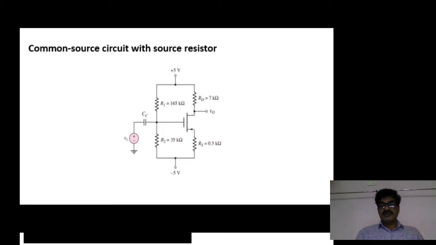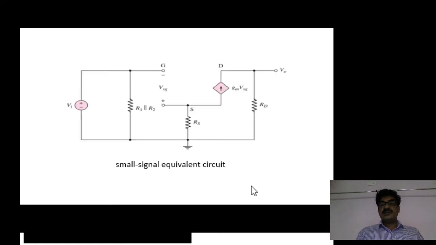Let us now see the equivalent model. This is the diagram you can draw. This part is because of the MOSFET; the MOSFET is replaced by its equivalent circuit like this. From source to ground, there is an RS resistor, its location as it is.